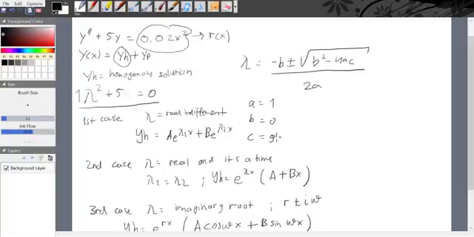So you can pause the video and write these three cases if you have skipped the homogeneous part, and I'm going to clear this.